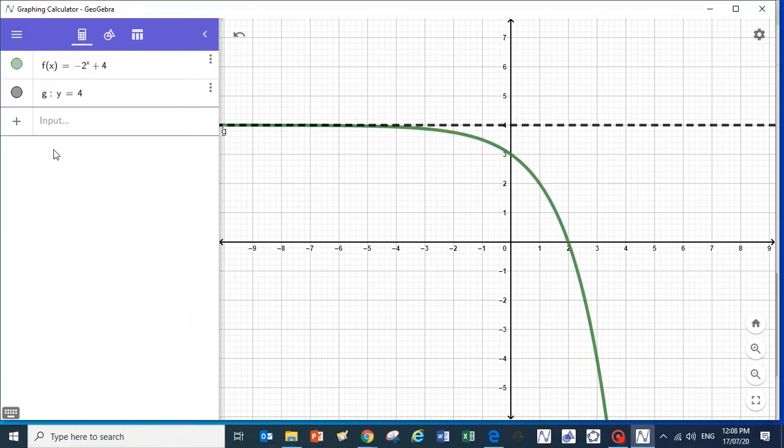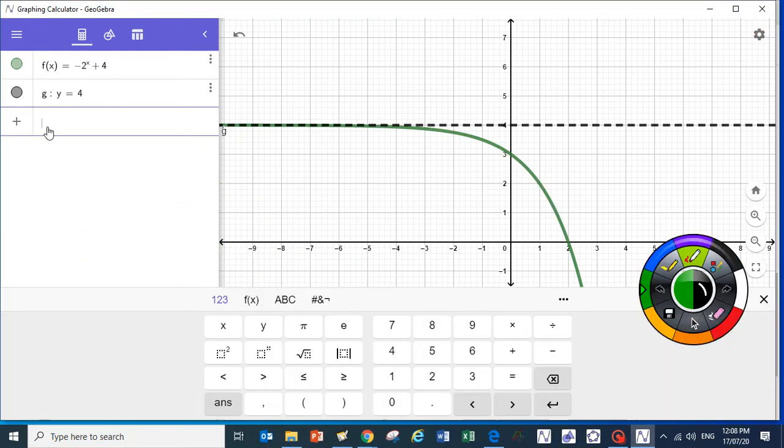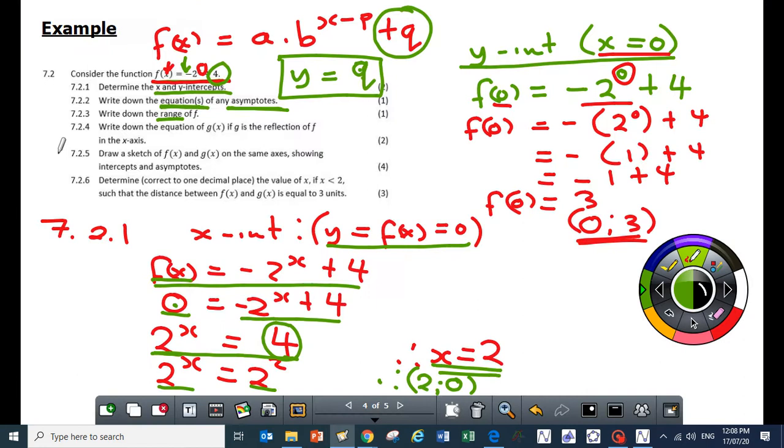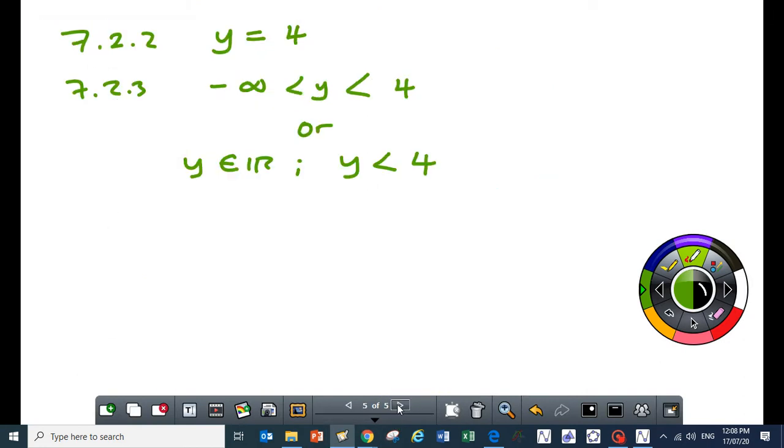For 7.2.4, your answer will be g of x is equal to 2 to the power of x minus 4.